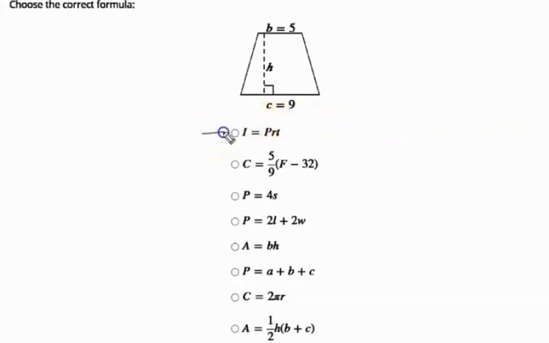This is the interest formula. This is a formula we would use to convert Fahrenheit and Celsius. This is the perimeter of a square. This would be perimeter of a rectangle.